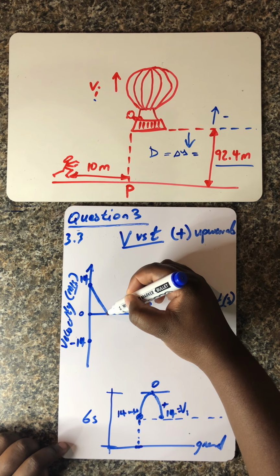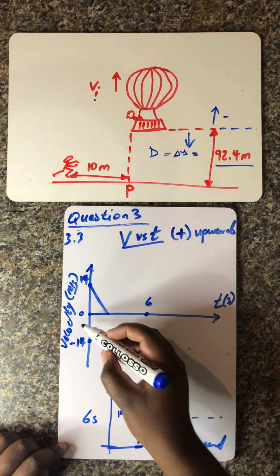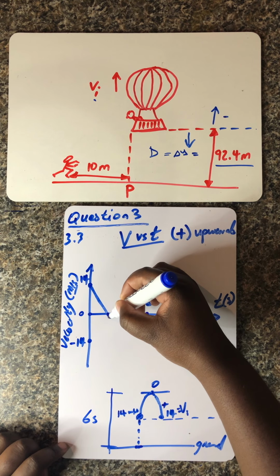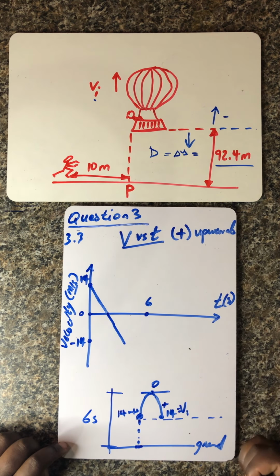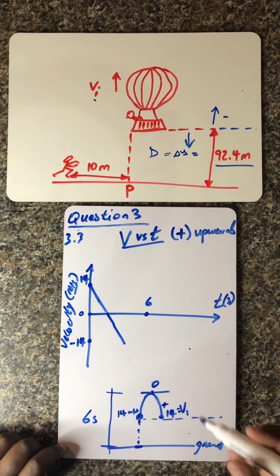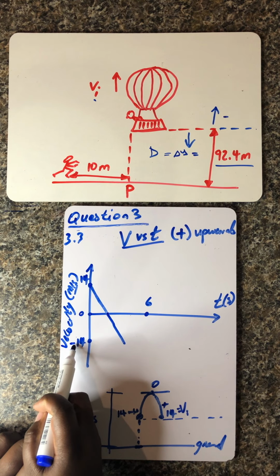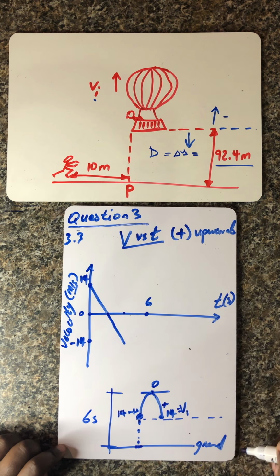Then as soon as its velocity is 0, it changes direction. It's now on the negative side, and its velocity starts to increase, ladies and gentlemen. Can you see? So guys, it's very important that you indicate that it's not at the velocity of negative 14 where the time is 6 seconds.